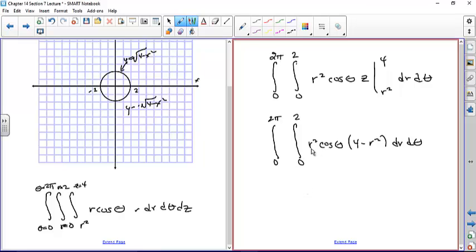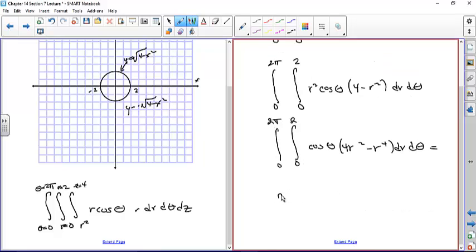And then we'll multiply these out. So we get the cosine of theta, which is going to act like a constant, and then we'll have 4r squared minus r to the 4th, dr d theta.